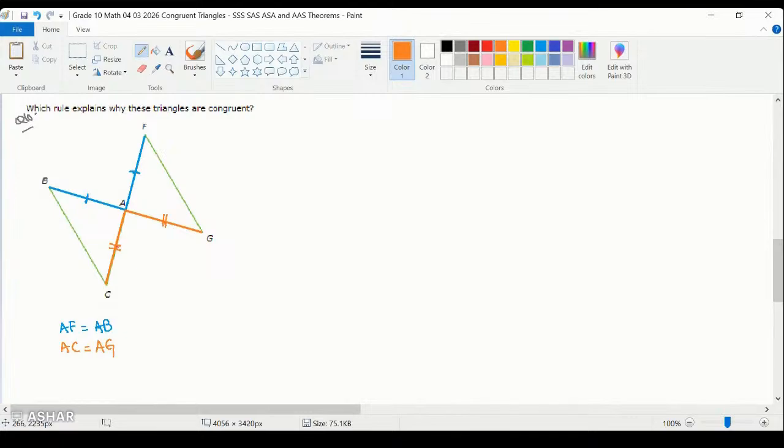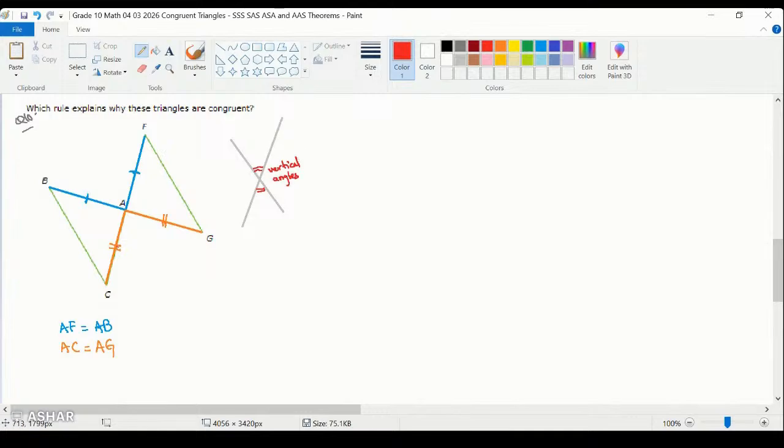Yusuf, let's do this together. We know that if ever we have a formation of X, whenever two lines are intersecting each other, we can say that these two angles are vertically opposite angles or vertical angles.